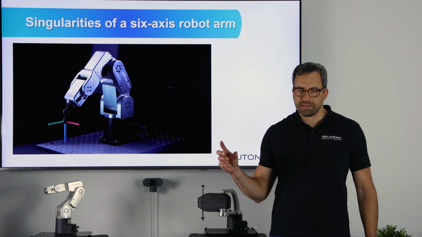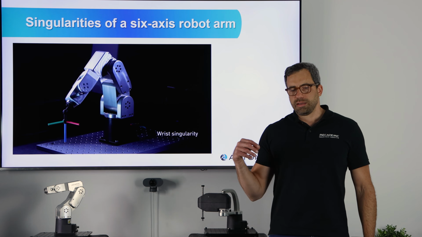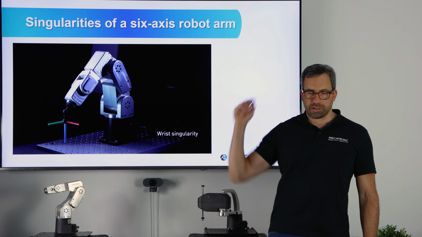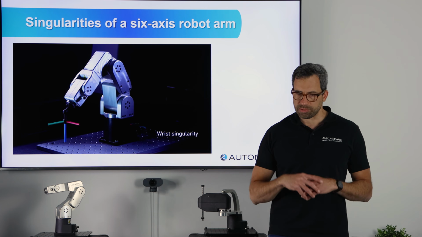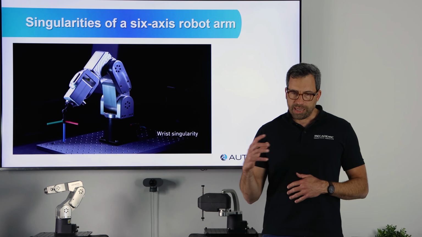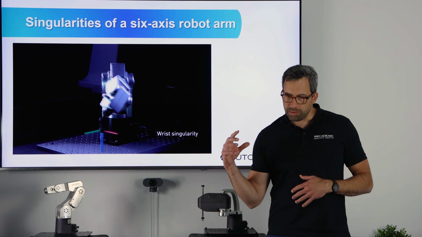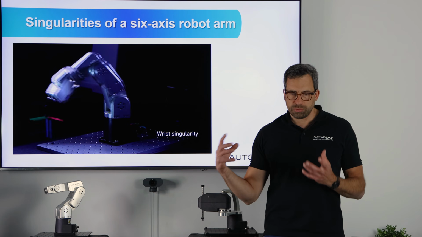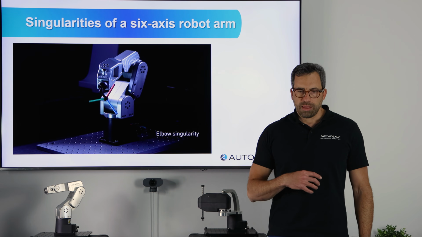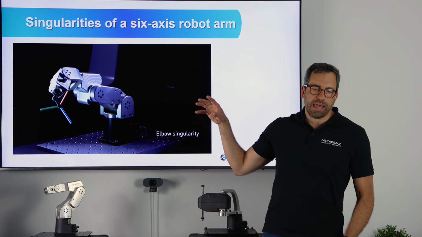So wrist singularity, then you have what is called the elbow singularity, actually a shoulder singularity, which is similar, but more difficult to calculate. So again, it's going slower. So you don't do a gluing application here, a singularity. Okay, this is the elbow singularity.